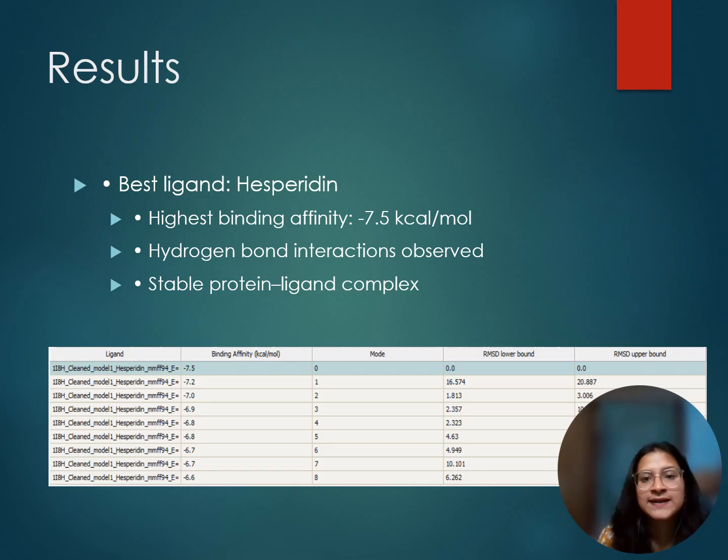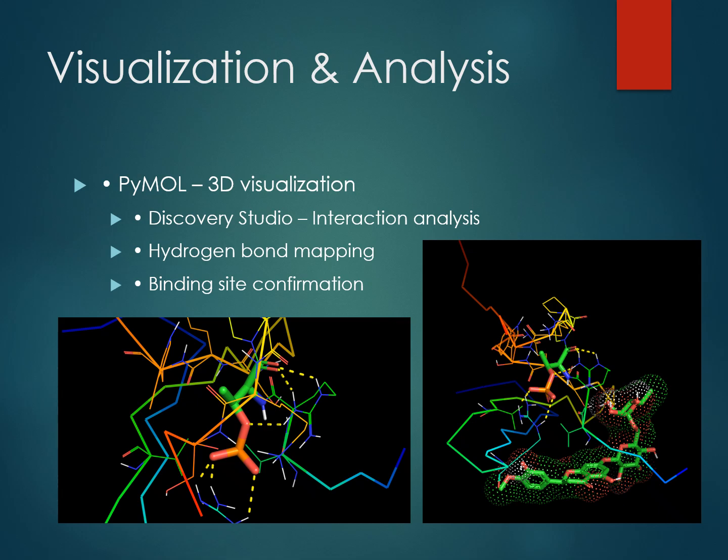I got the results, and the visual data and analysis I have shown in the next slide. For visualization and analysis, I used PyMol 3D visualization software, and for interaction analysis, I ran Discovery Studio.